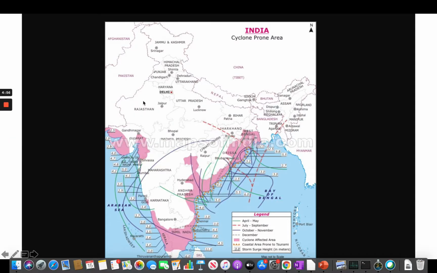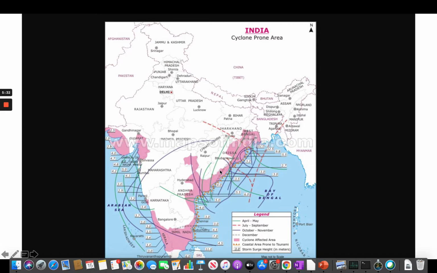So there you have the map of India. And we all know that India is a tropical country and it lies near the equator. And we have monsoons. And along with monsoons, we have cyclones too. So the areas that are painted pink, mostly it is the east coast, right? There's the Bay of Bengal and the Arabian Sea.